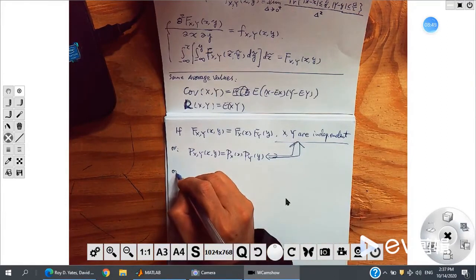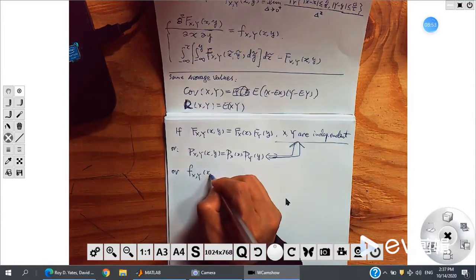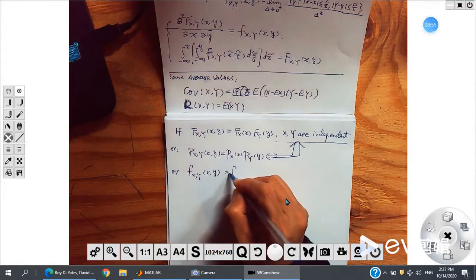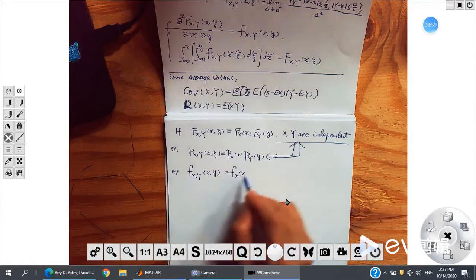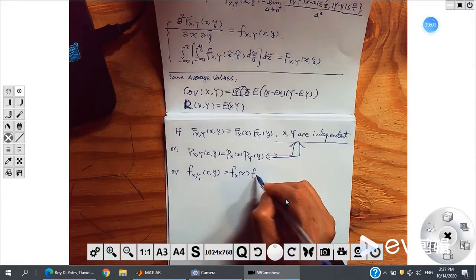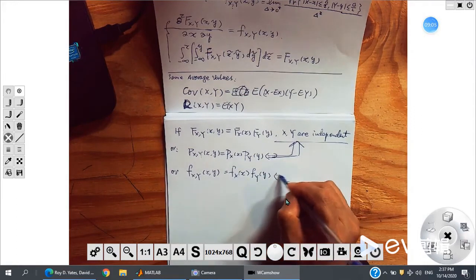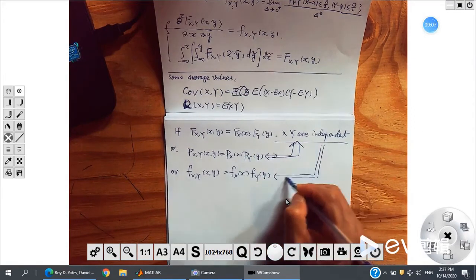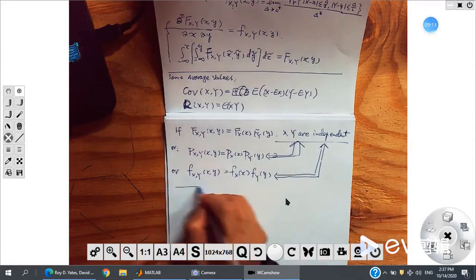And in the density function, this side is the joint f_XY, and this one is the same as X and Y independent.